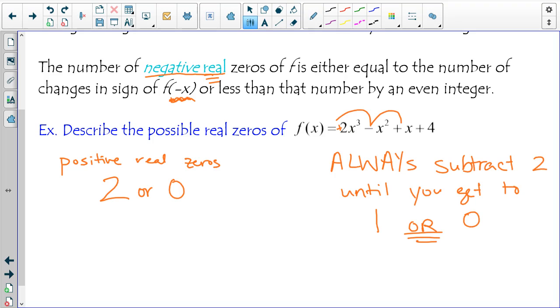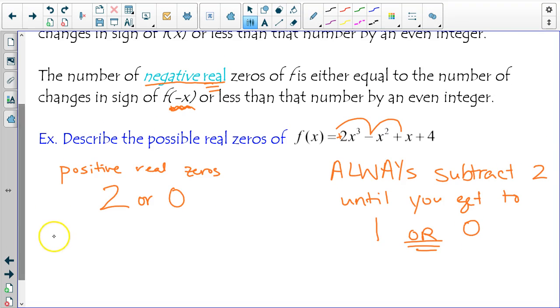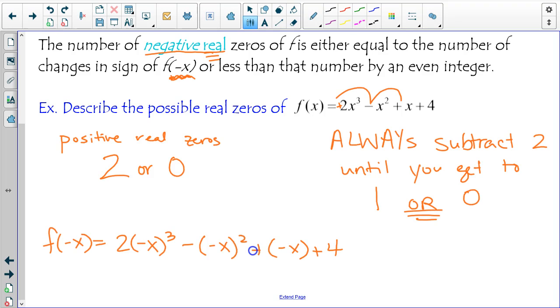So now we have to figure out how many negative, but before we can do that, we have to plug in negative x. So f of negative x equals 2 times negative x cubed minus negative x squared plus negative x plus 4. Does the sign change when the exponent is odd? Yes, because it's a negative times a negative times a negative.